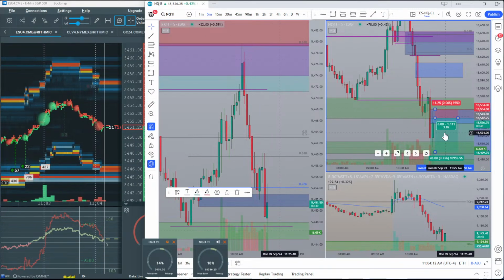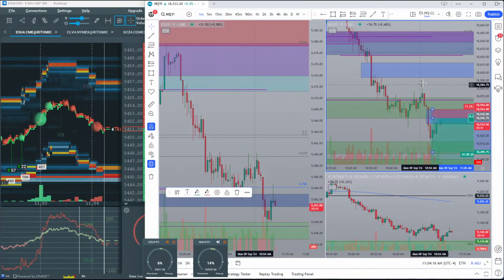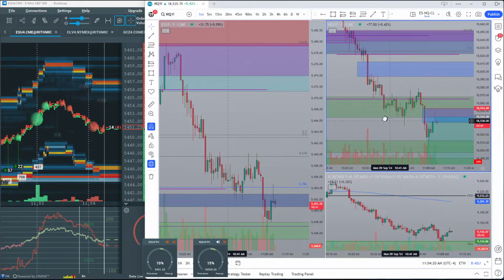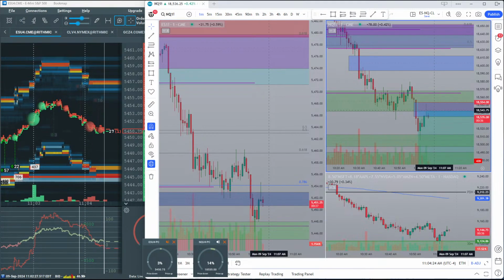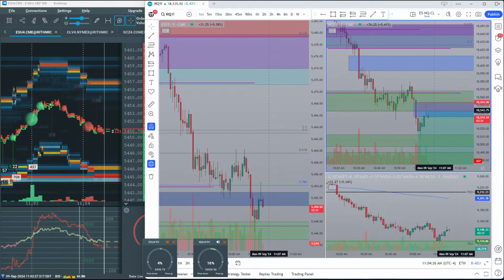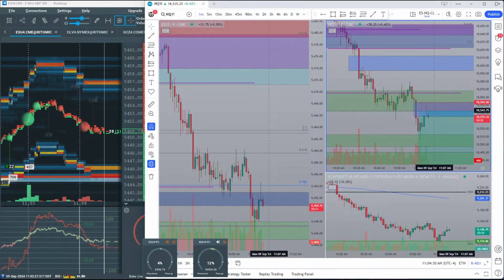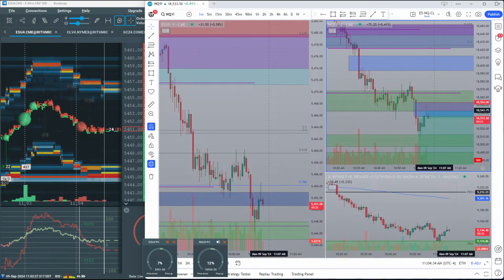Very nice so far. Really want to see a strong move lower here. There we go, a strong sell move.